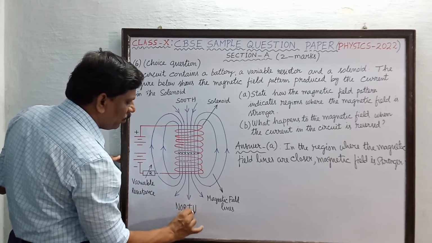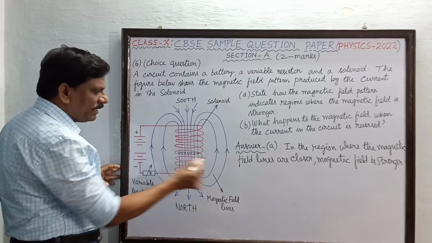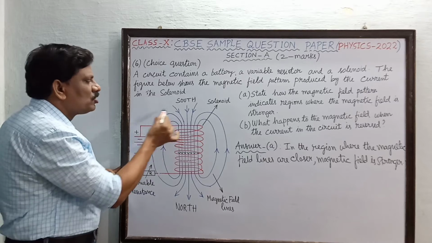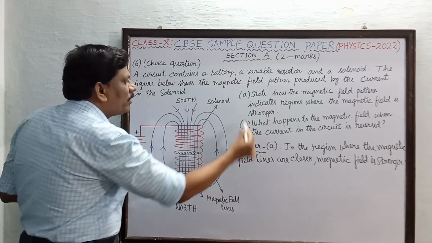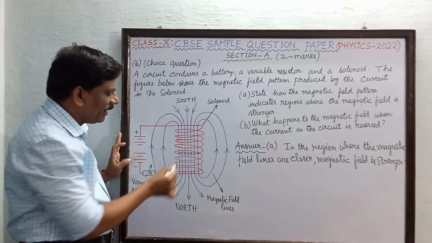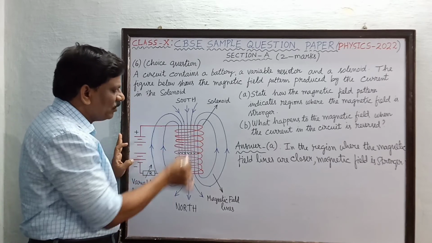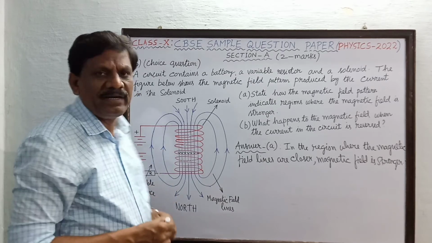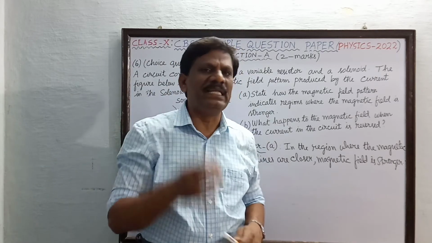The north pole. So outside the magnet, the lines travel from north pole to south pole. But inside the magnet, we have studied, the magnetic lines travel from south pole to north pole. So how does this solenoid behave when it is suspended freely?